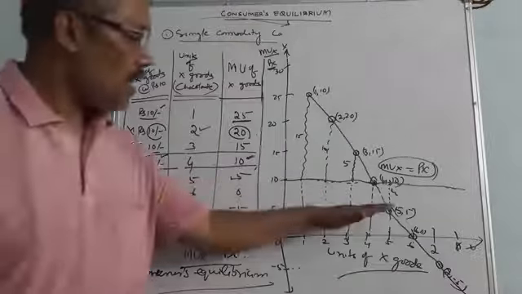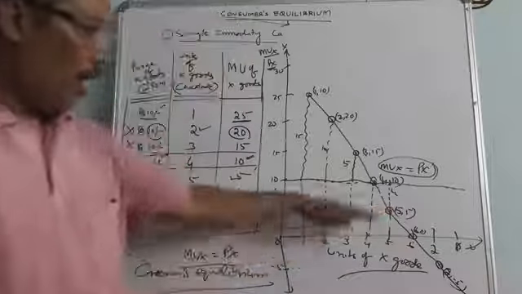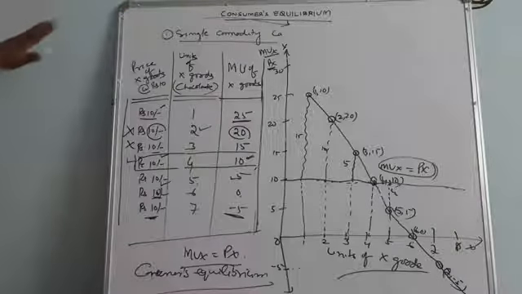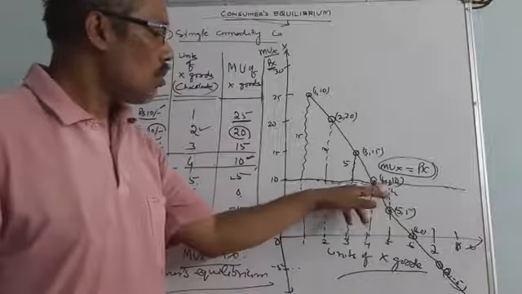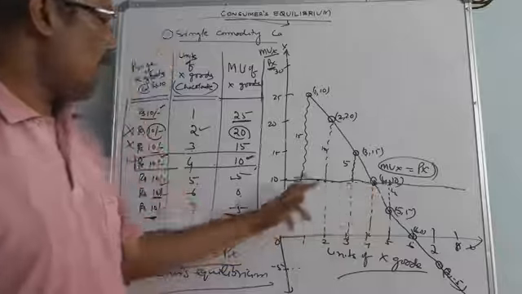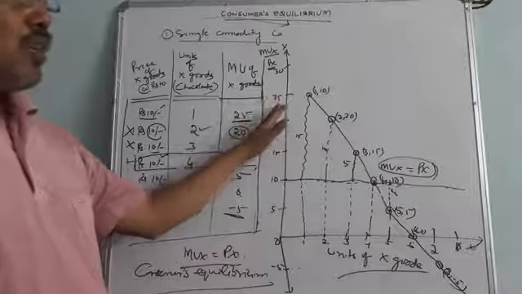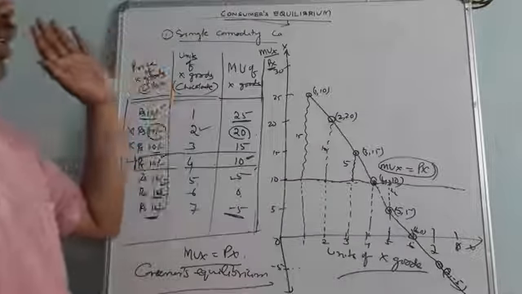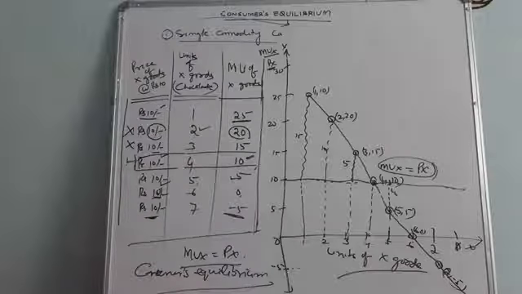So below this price line is the loser, above this price line is the gainer. Till we reach 4 units of the commodity, where marginal utility of X equals price X, the rational consumer will consume the goods. That is called the consumer's equilibrium, or marginal utility of X equal to price X.